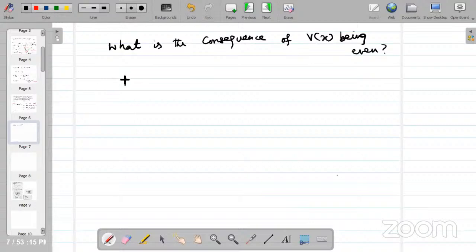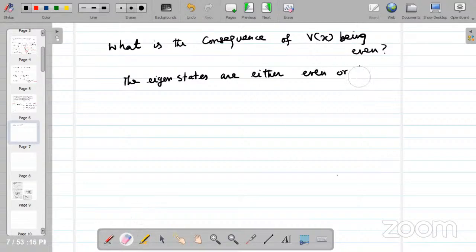So the eigenstates are either even or odd. It's a very nice property, but it's only true if V of x is an even function.